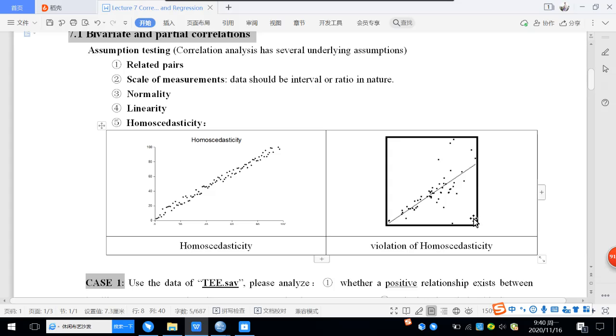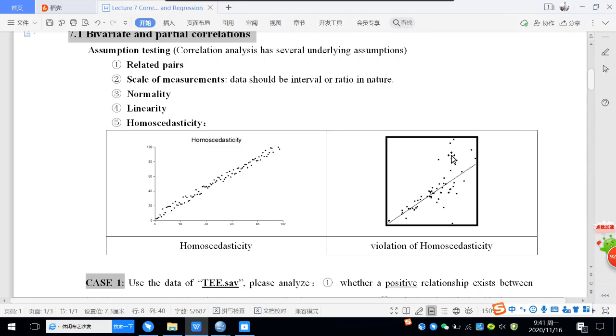When the x value becomes larger, the y value, if it is homoscedastic, then these dots should be up and down, left and right of this straight line. But they are too far away from this straight line.